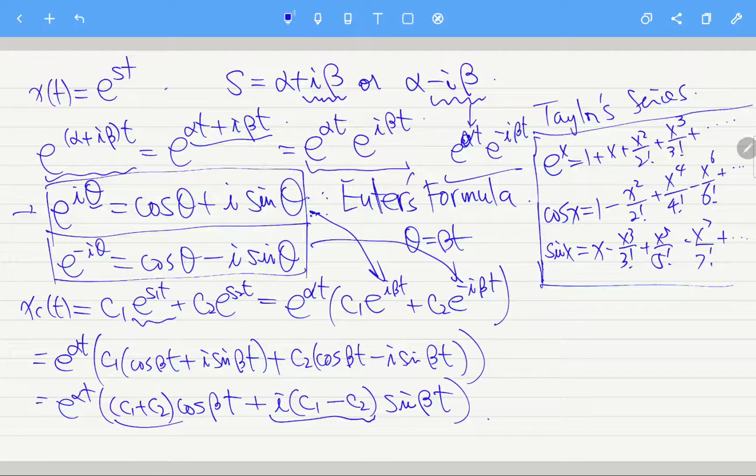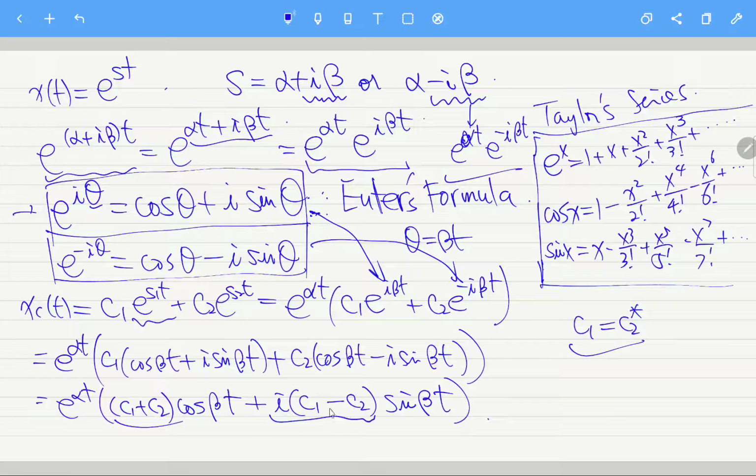This is real, this is real, so that we should have c1 to be the complex conjugate of c2. In that case, c1 plus c2 is a real number, and c1 minus c2 is a pure imaginary number, so multiplied by i will be a pure real number.